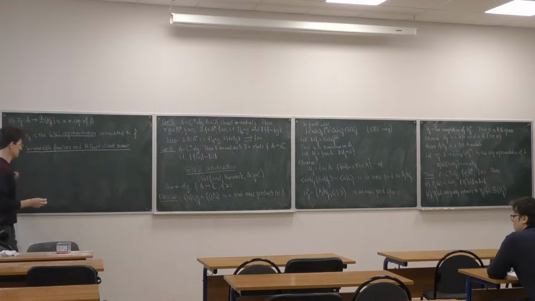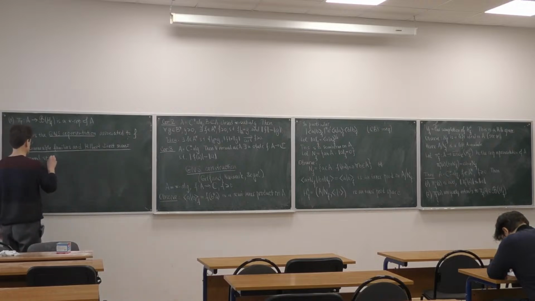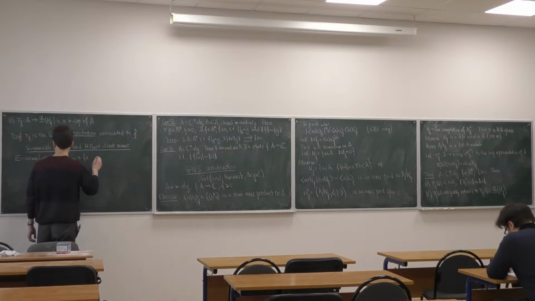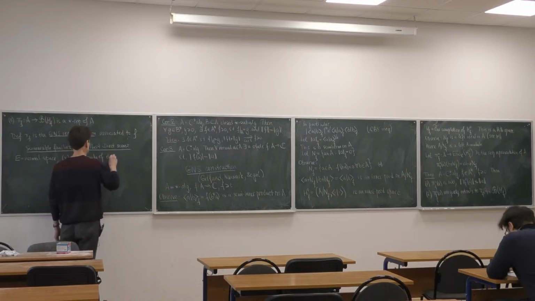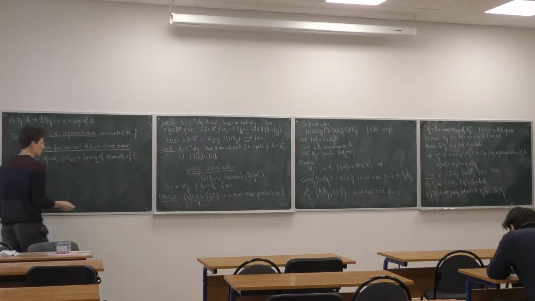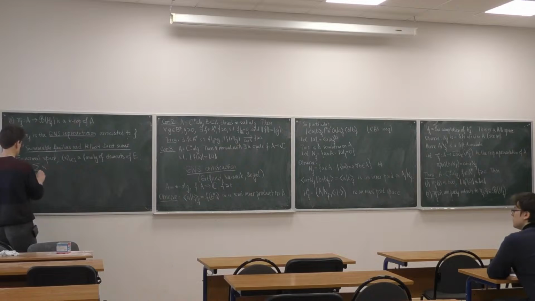So suppose E is a normed space. By X we usually denote topological spaces. Suppose we have a family of elements of E. What we want to do is to give a precise meaning to the following expression.